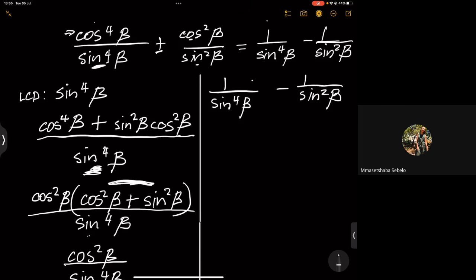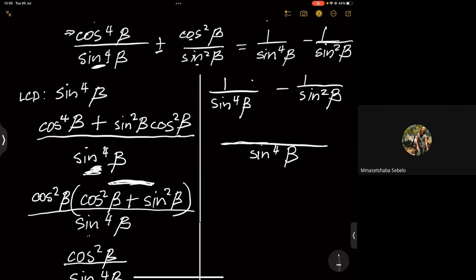We agree that the lowest common denominator between the two will be the one with the highest power. So our denominator will be sine to the power of 4 beta. That's our LCD.